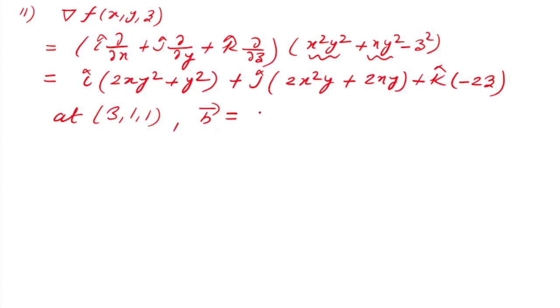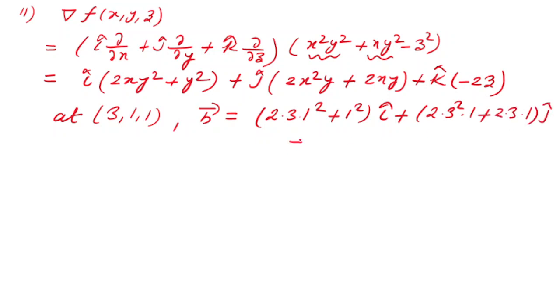So I will get what? 2 times x equal to 3 and y squared, that is 1 squared, plus 1 squared, i, then plus if I take this term, 2 times 3 squared into 1 plus 2 into 3 into 1, j cap, and then plus minus 2 times 1 into k cap.